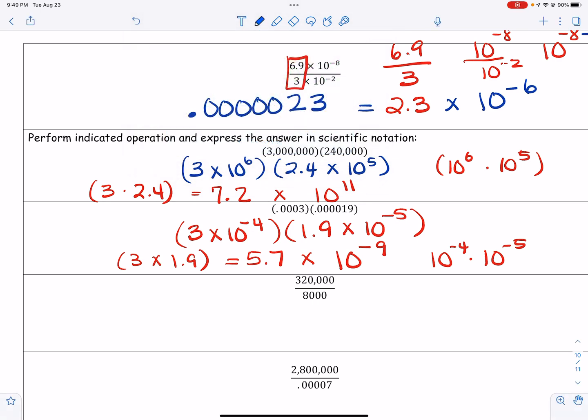So my final answer is 5.7 times 10 to the negative 9.